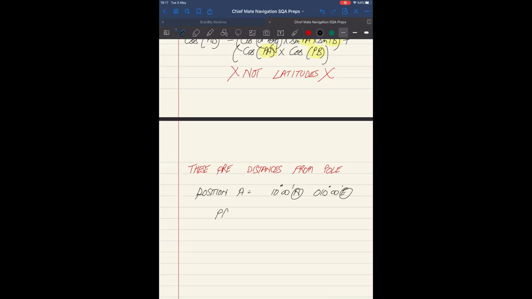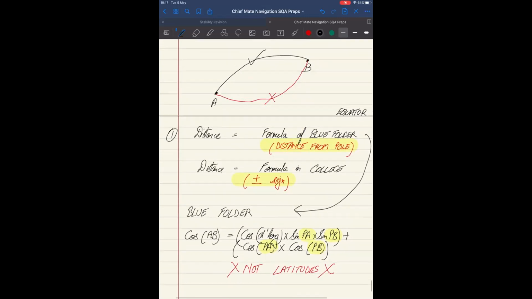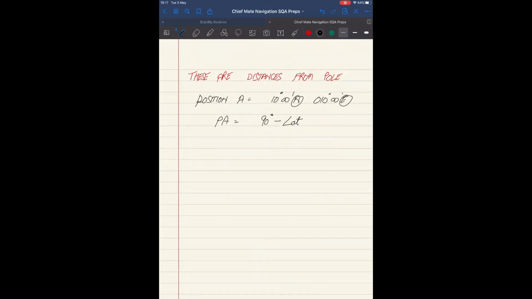PA will actually become 90 degrees minus latitude. The reason is, I'll make a new drawing here. This is A, this is B, this is your pole. This is your equator.